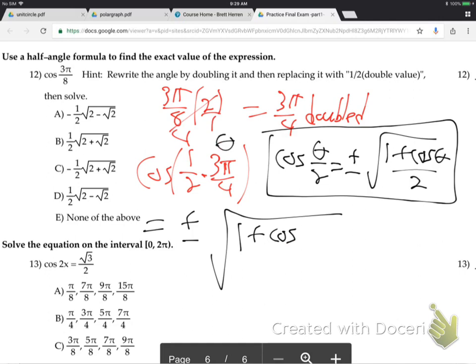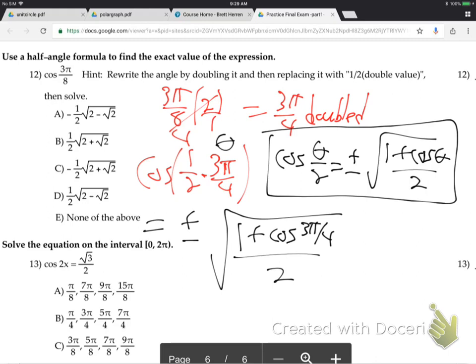This is the theta right here. 3 pi over 4, all over 2. Everybody see that?